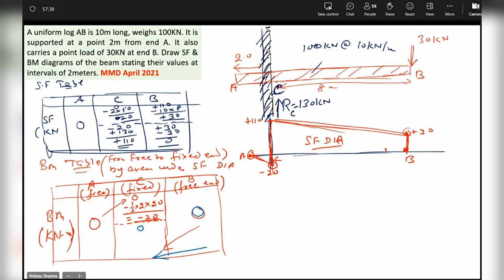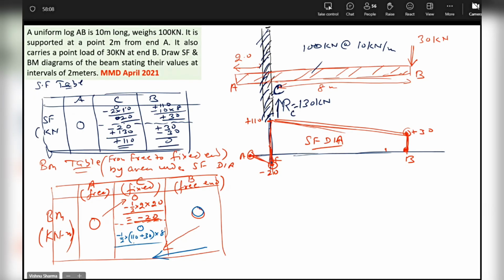Right to left. So if SF is positive, BM will be negative. Am I right, guys? Am I right? Yes, sir. Yes or no? Yes. So it will be minus half into sum of the parallel sides 110 and 30, into 8.